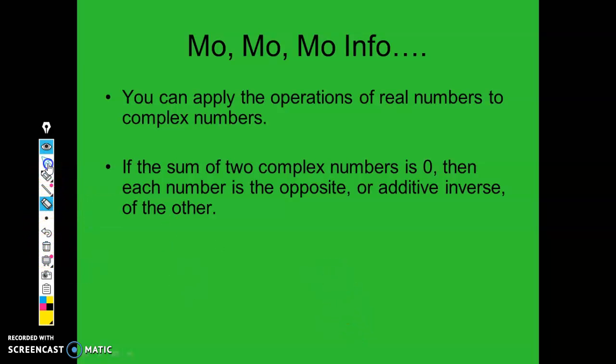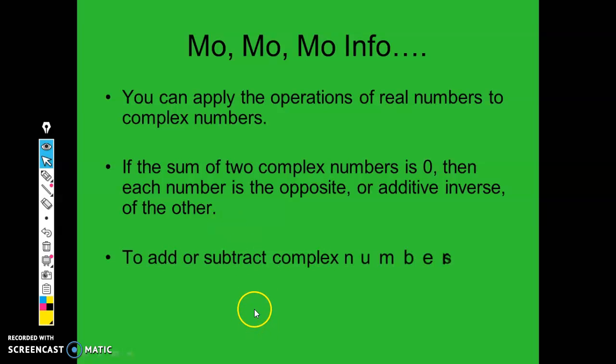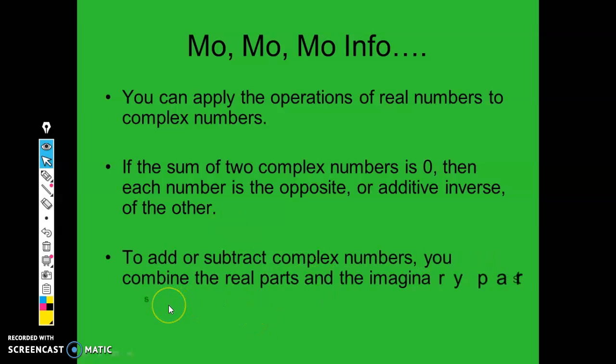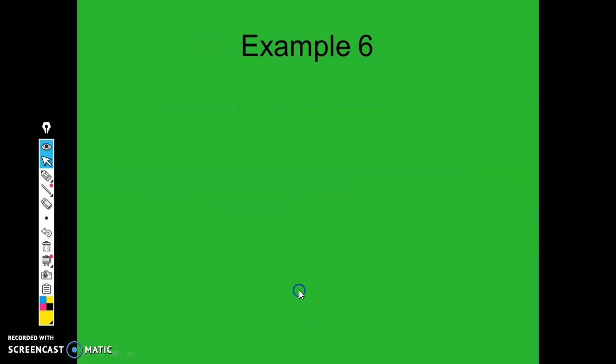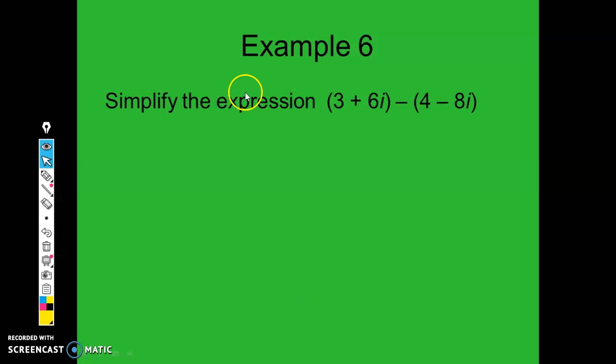All right, so to add or subtract complex numbers, all we got to do is add the real parts together and add the imaginary parts together separately. It's kind of like combining like terms when you combine complex numbers here. All right, so if we're combining these two complex numbers, I just want to think about it as combining like terms. You can combine the numbers and you can combine the i's.